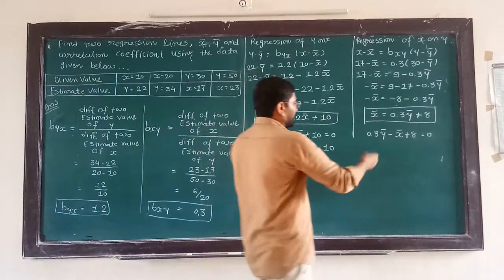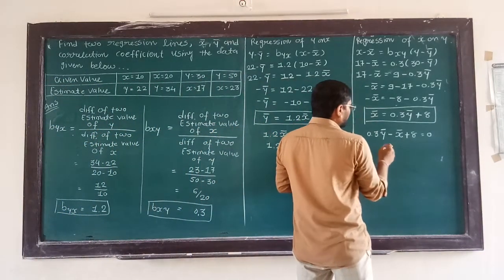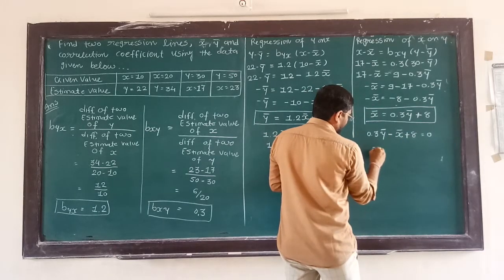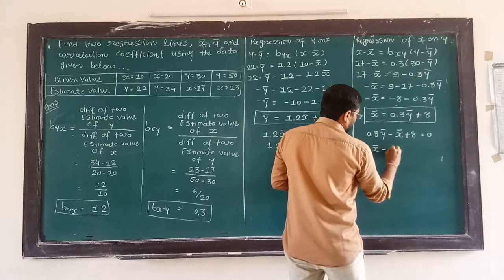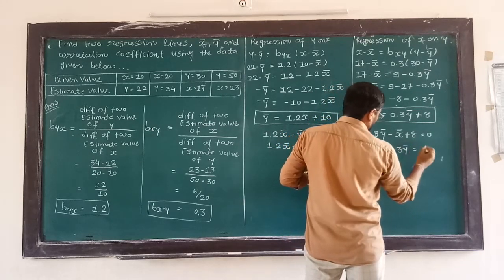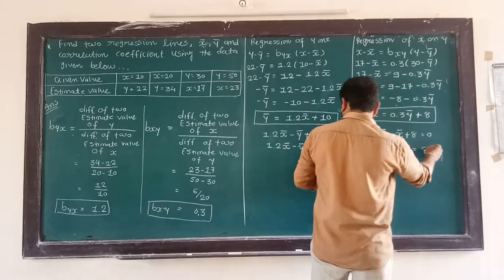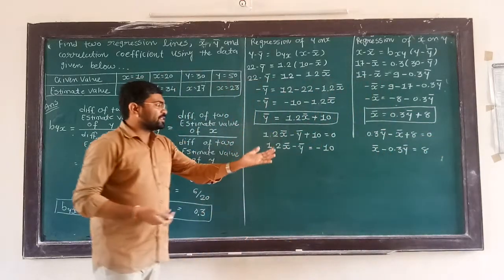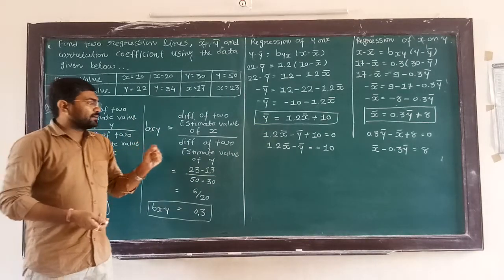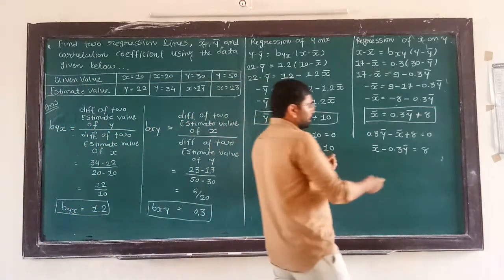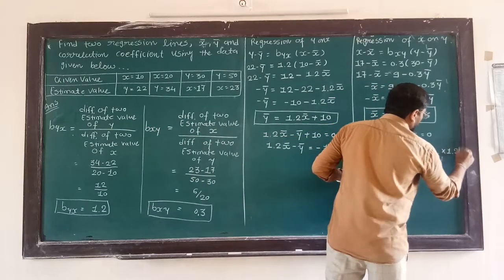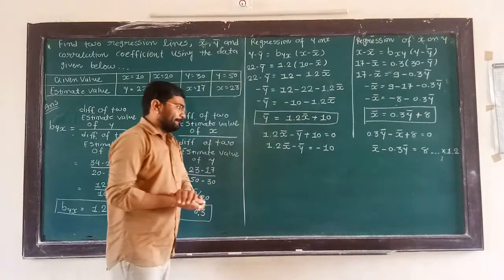Same as here, we convert it to the opposite side: x bar minus 0.3 y bar is equal to 8. Now we have arranged both equations in proper mode, but in equation number 2 multiply by 1.2, then both are the same.